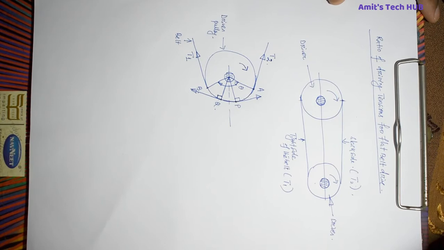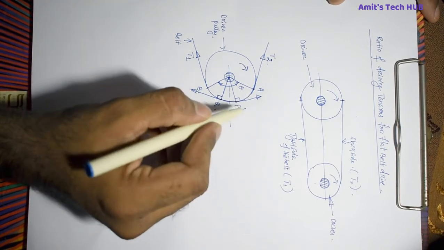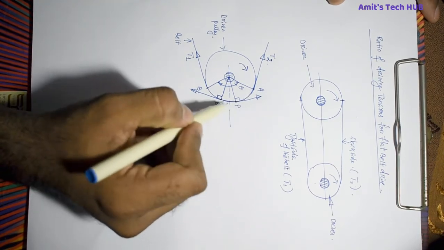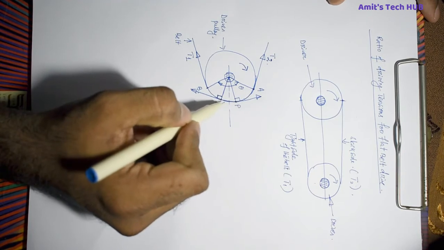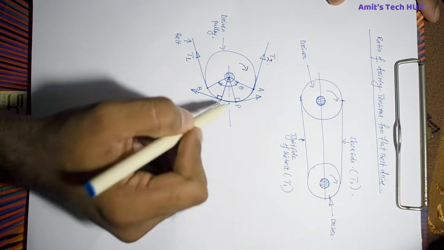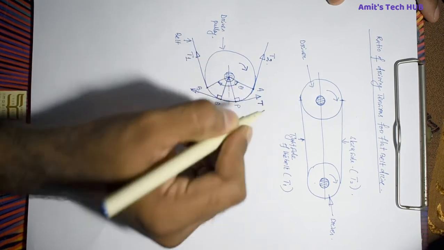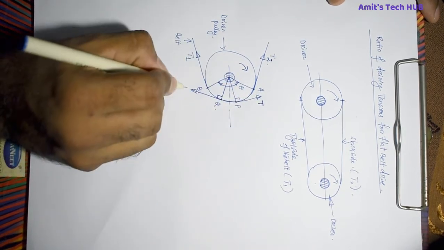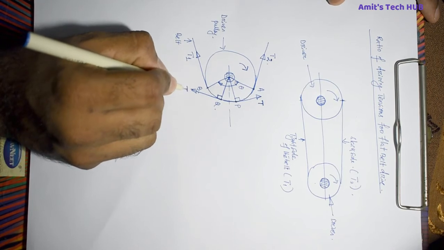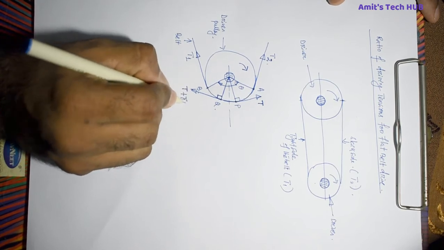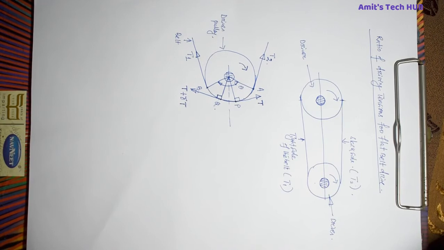To represent the tensions in the small portion PQ, let T be the tension in the slack side and T plus delta T be the tension of the belt in the tight side.